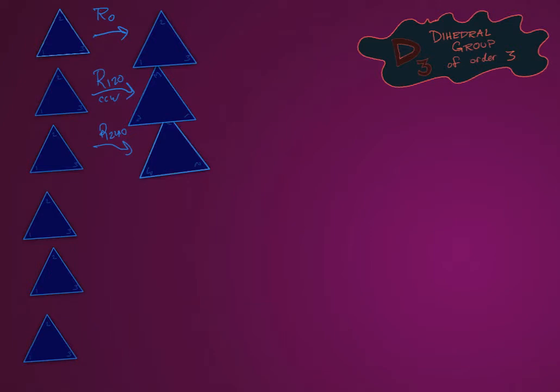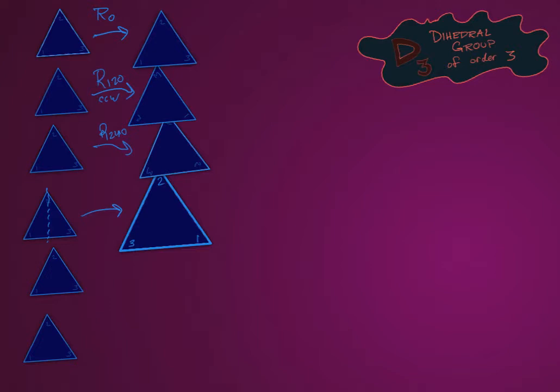So one reflection is if we were to hold that 2 to be fixed and reflected it over this line right here. And so it becomes this thing.